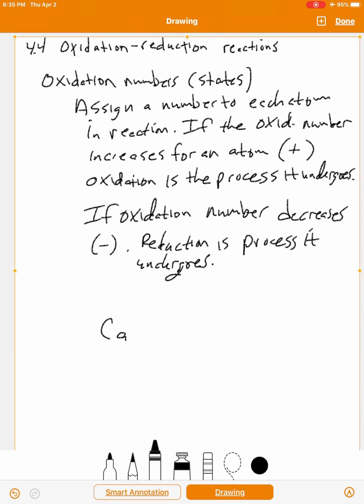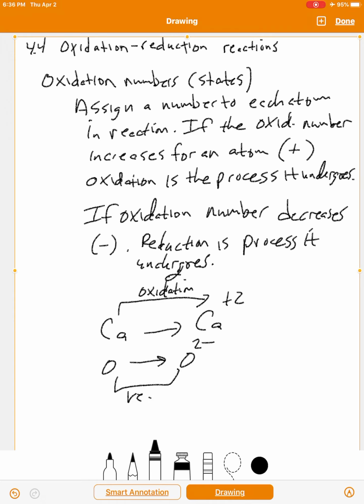So for example, if calcium goes to calcium plus 2, it became more positive, so that's oxidation. If oxygen becomes O2 minus, it becomes less positive or more negative. It's decreasing its oxidation state because it's becoming more negative. So this would be reduction.